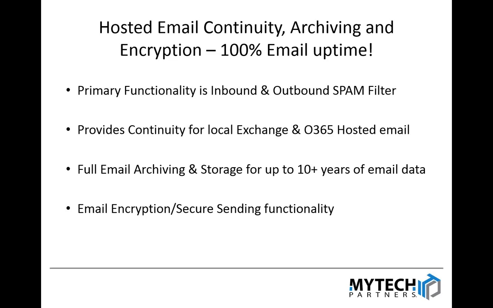So being able to turn on features like email encryption as your email goes out of your network is another simple add-on functionality if that's something you need. So these services have been great to be layered in over the years with regard to your core spam filtering functionality, but then finding other value-add ways that people truly do use their email, whether it be archiving or continuity or encryption.